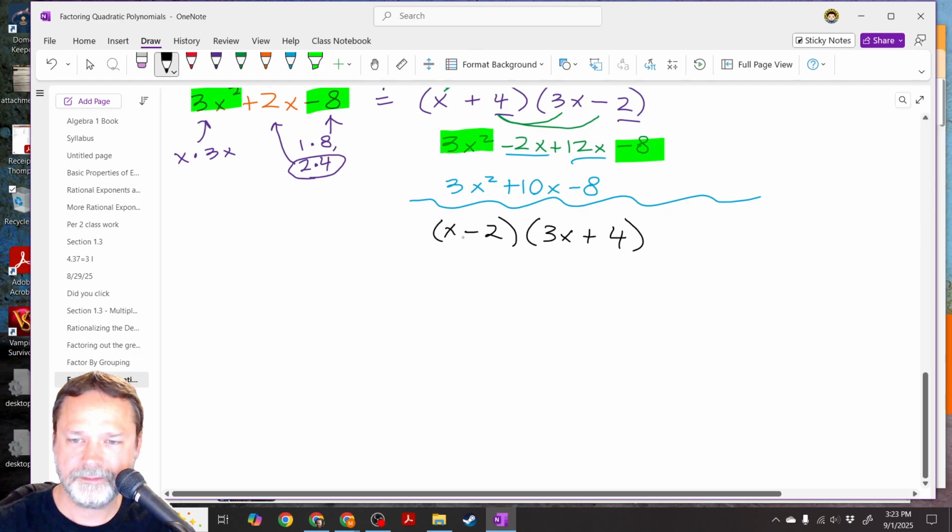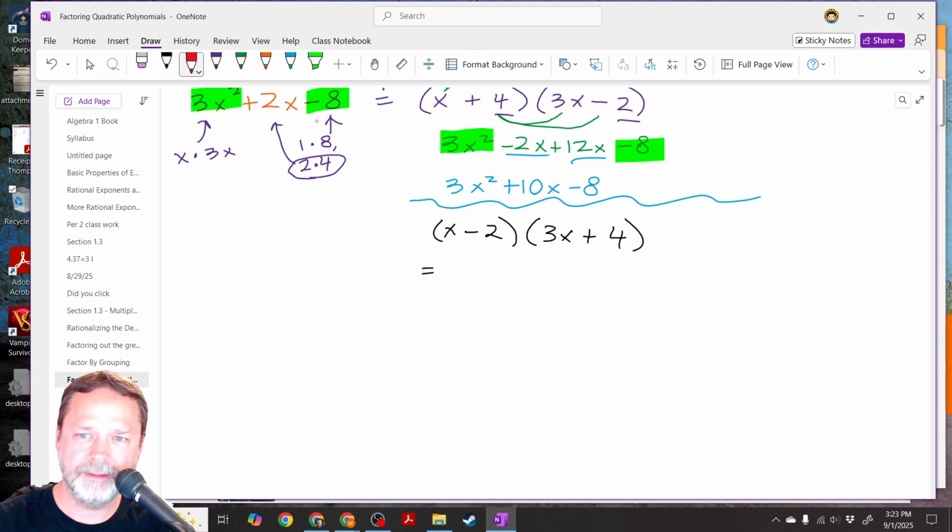Okay. X times 3x is 3x squared. X times 4 is 4x. Negative 2 times 3x is negative 6x. Ooh, it's looking pretty good. And then negative 2 times 4 is negative 8.